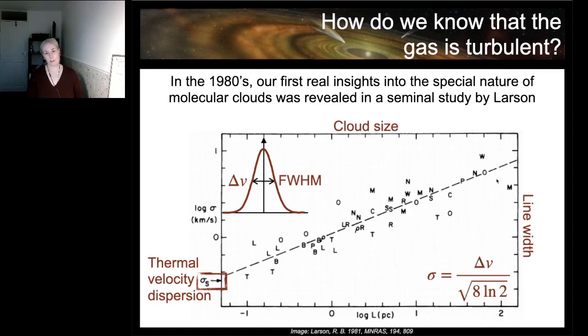And you can see that if you plot the velocity dispersion versus the size of the cloud, it increases with size of the cloud. And this was not expected. So there seems to be something in the physics, something in the scale of the turbulence that's going on, that suggests the velocity dispersion gets bigger the bigger the cloud is.